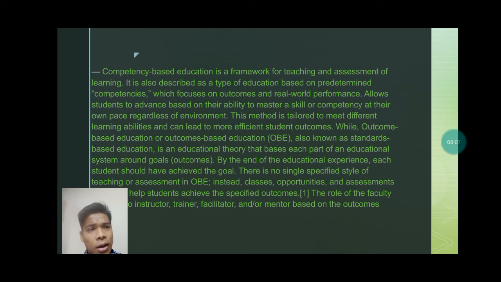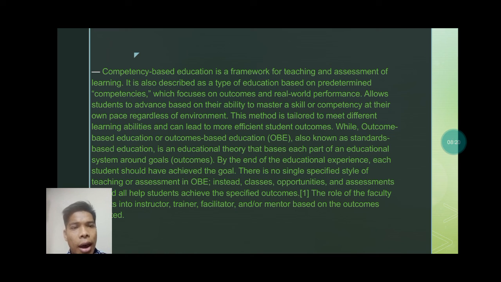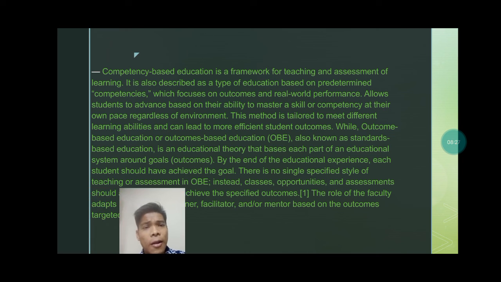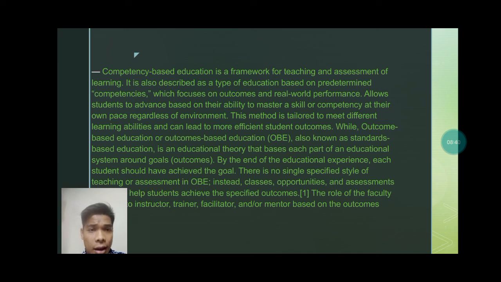There is no single specified style of teaching or assessment in OBE. Instead, classes, opportunities, and assessments should all help students achieve the specified outcomes. So the role of the faculty adapts into instructor or trainer, facilitator, and or mentor based on the outcomes targeted.